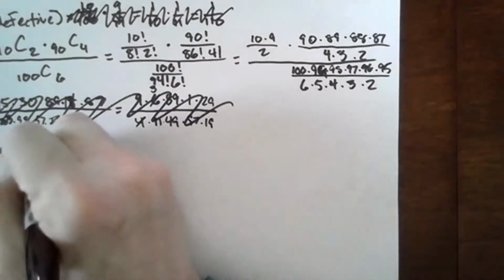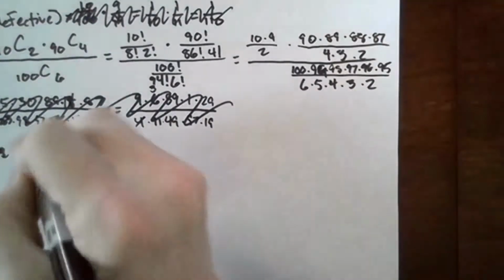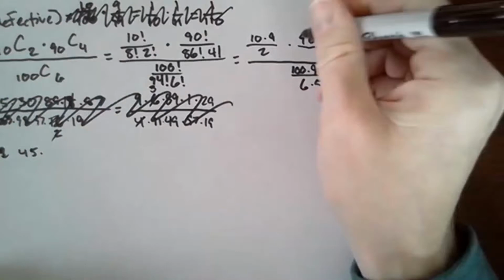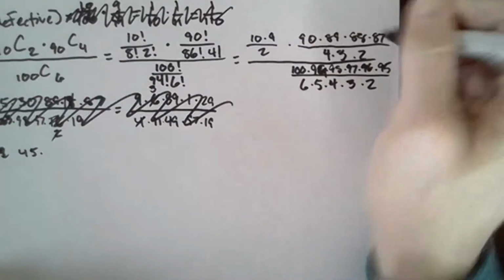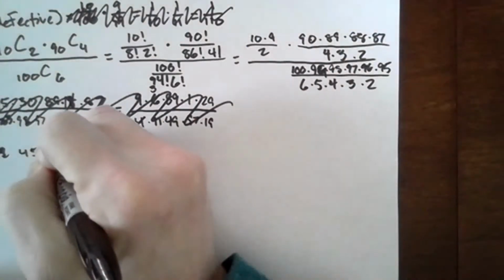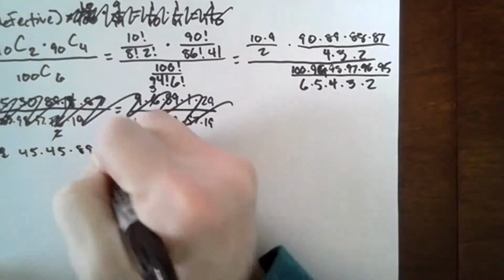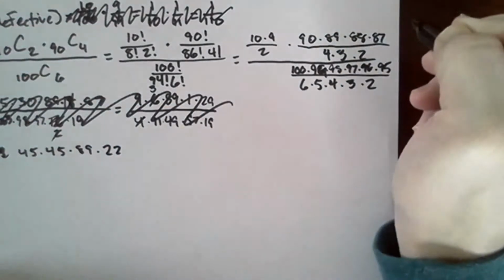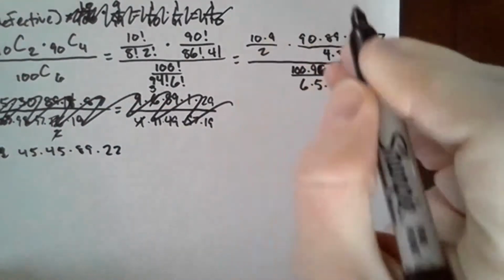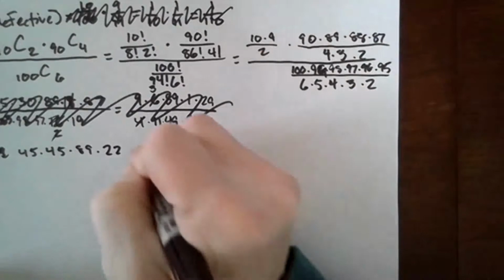We've got 45 times, and let's see, we had the 90 over 2 gives us 45. 89 is prime. 88 over 4 is 22. And 87 over 3 is 29.